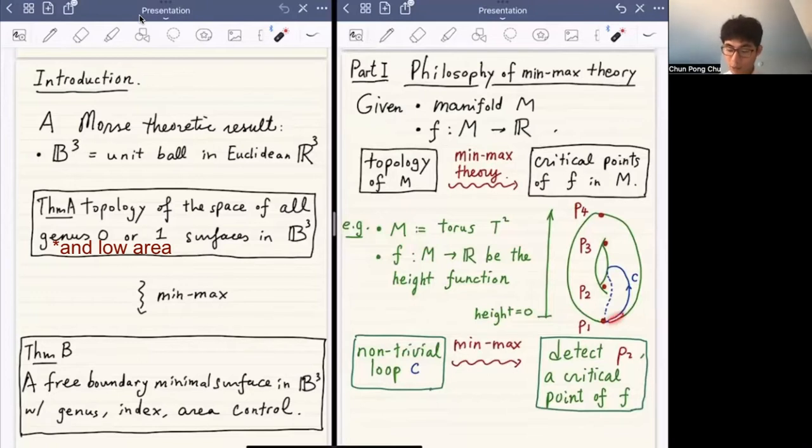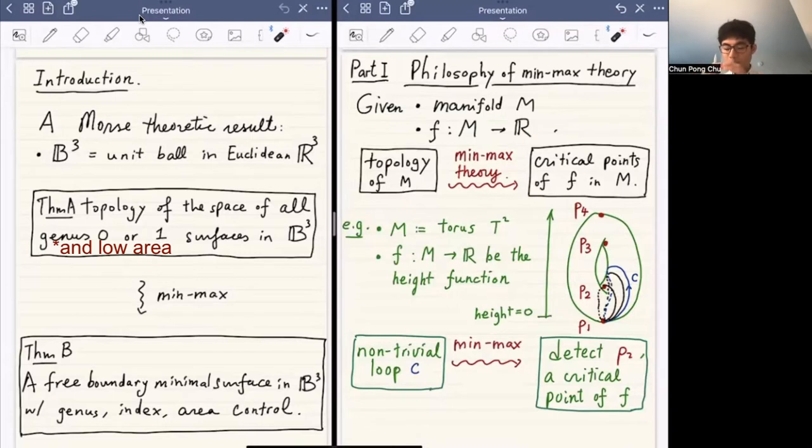So the idea of min-max theory is the following. We pick a non-trivial loop C in the torus, and then we do somehow like a pull-tight procedure. So we can push the loop C as far down as possible, like this. Now, the final state, so this loop, we cannot pull it tight, we cannot push it down anymore because it is stuck by the topology of the torus, right?